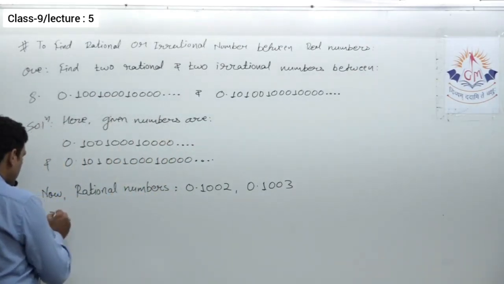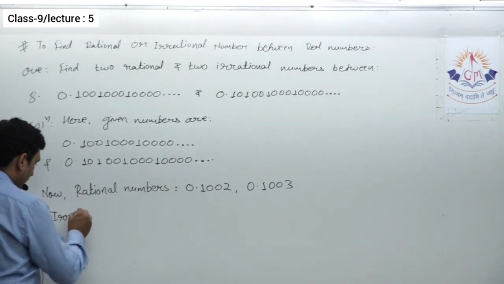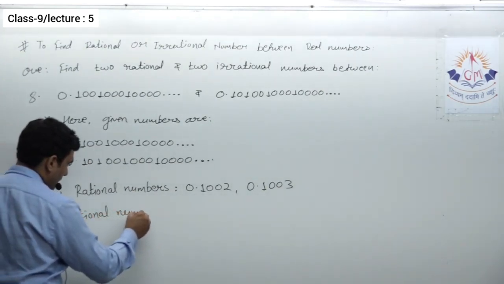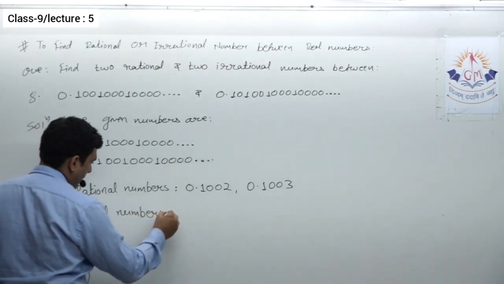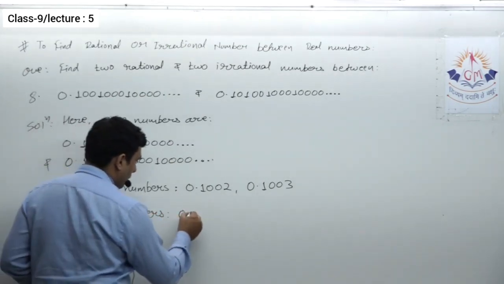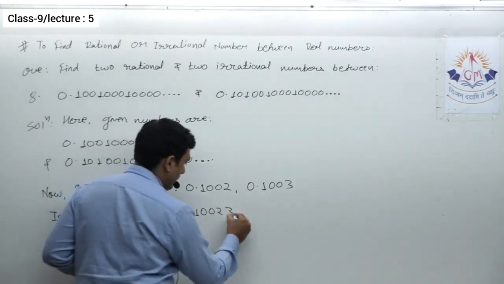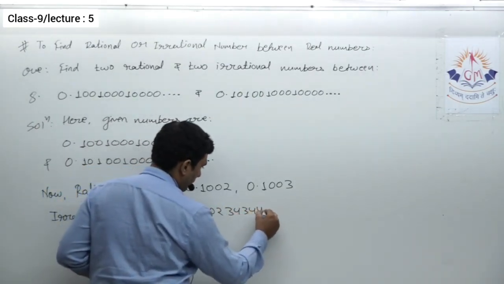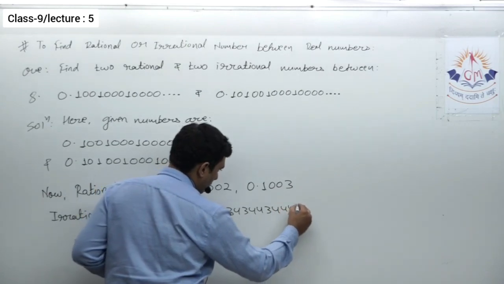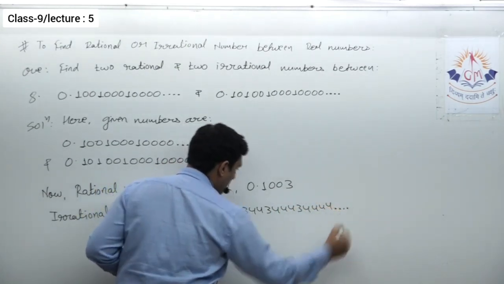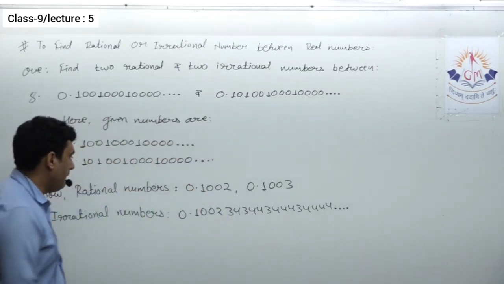So, irrational numbers: 0.1002, then after that 3 4 3 double 4 3 triple 4 3 4 times 4 and so on. This is the first irrational number.